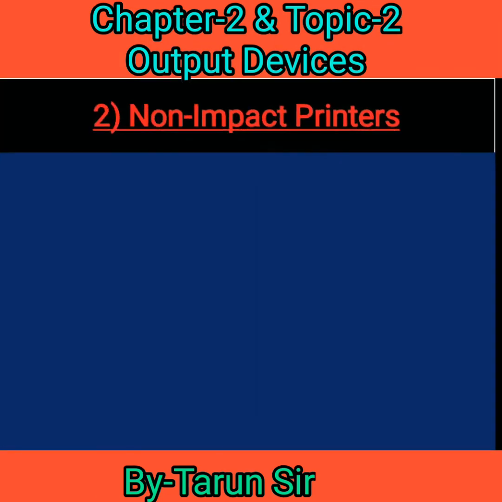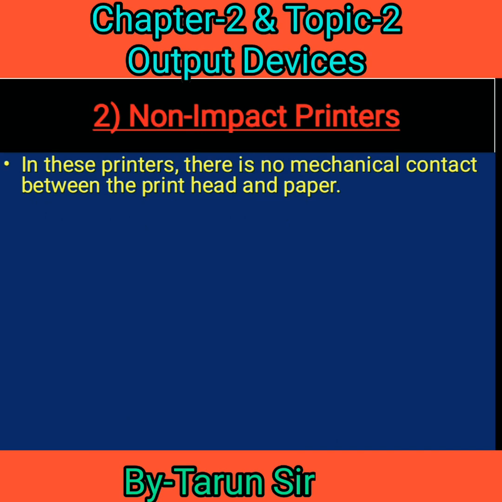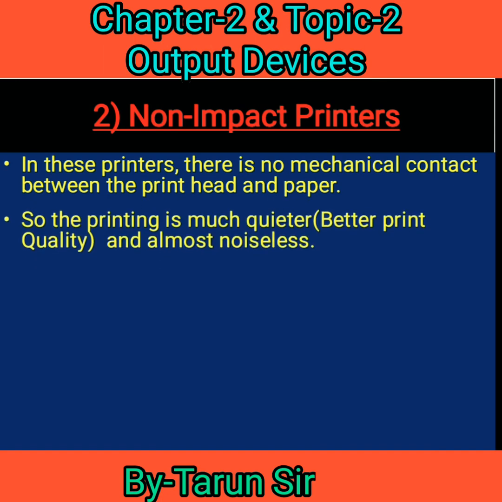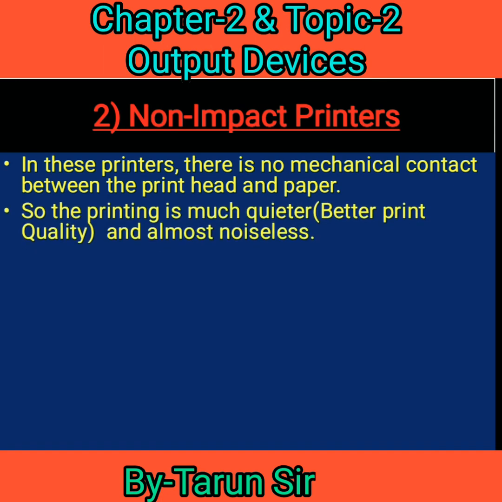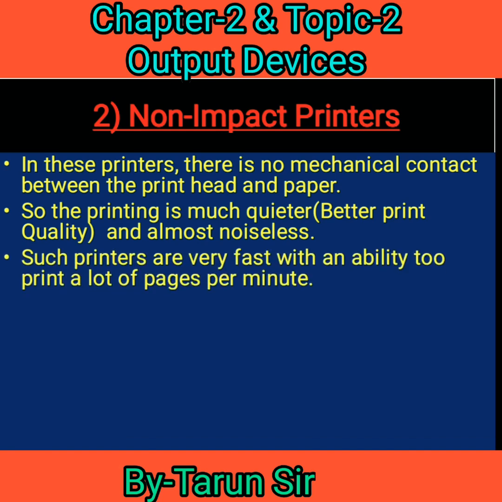Let us discuss non-impact printers. In these printers, there is no mechanical contact between the print head and paper, so the printing is much quicker, of better print quality, and almost noiseless. Such printers are very fast, with the ability to print a lot of pages per minute.